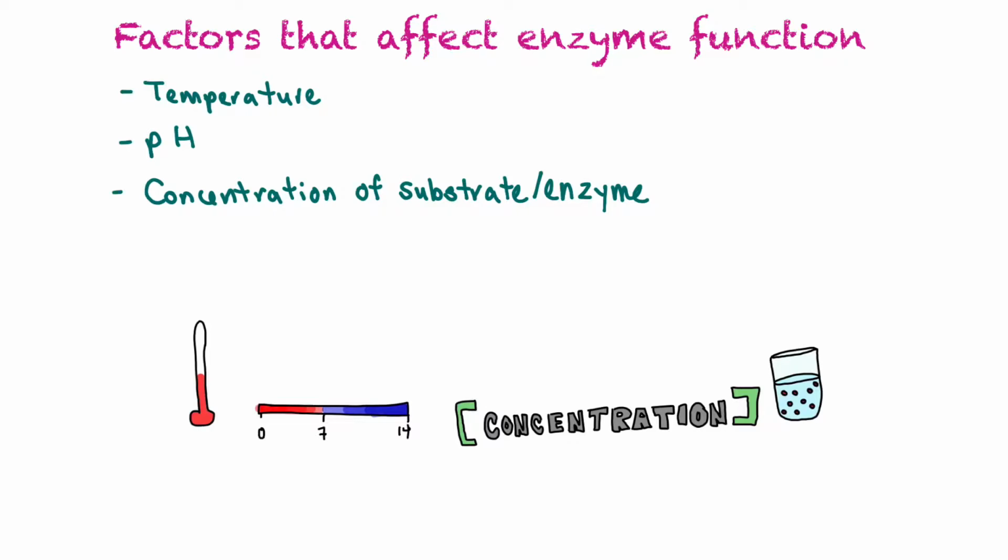Another factor that affects enzyme function would be the concentration of the substrate or the enzyme, because the more substrate you have, the more chances that it's going to find an enzyme to bind to and get converted to products. Same thing, if you have more enzymes, it's more likely that it will find a substrate to act on and create products. So the higher the concentration of the substrate or the enzyme, the faster the reaction rate.